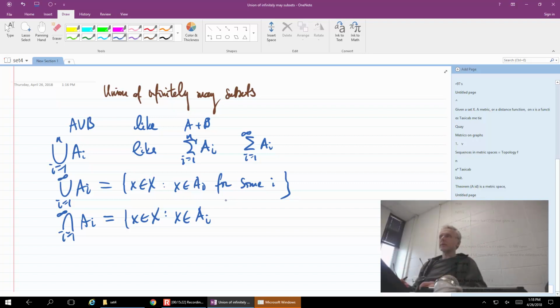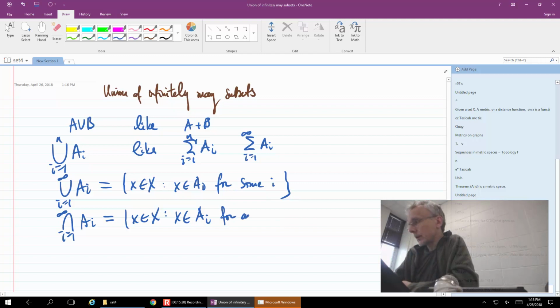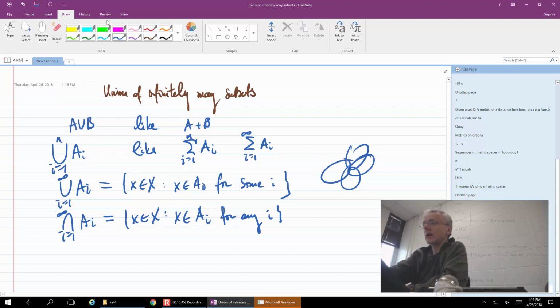Intersection, what's the difference? In all of them, in other words, for any. As you can see, that's what commonly happens: there is replaced with for any. So the first line I could read as there is an i such that x belongs to a_i. You have a bunch of sets, and all you need is one.